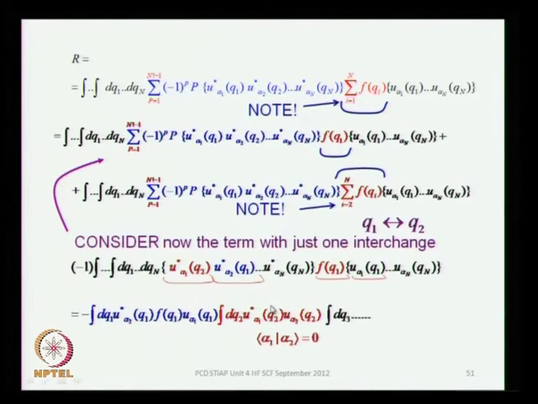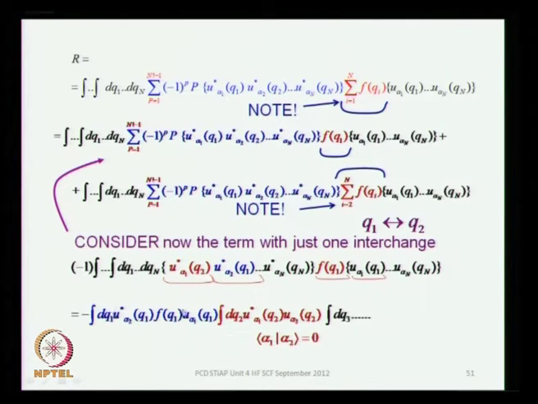What about the remaining terms? Integration over q2 will involve u alpha 1 star q2, and then you will have u alpha 2 q2, but then this integration will vanish, because alpha 1 and alpha 2 are orthogonal states.